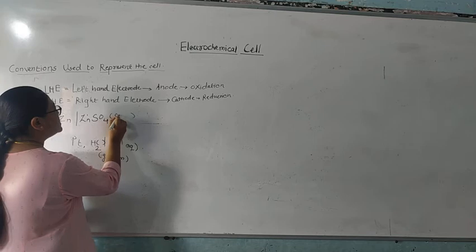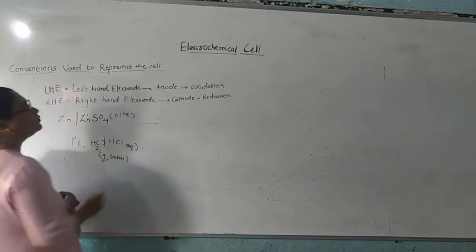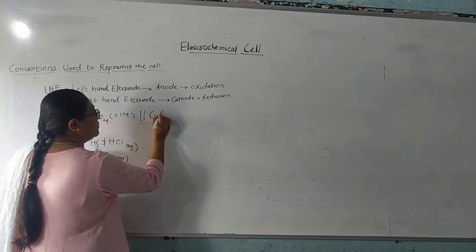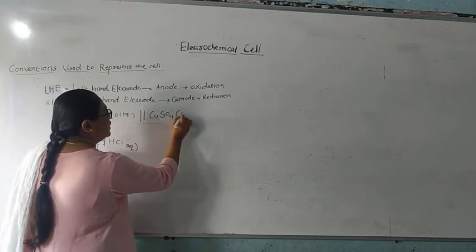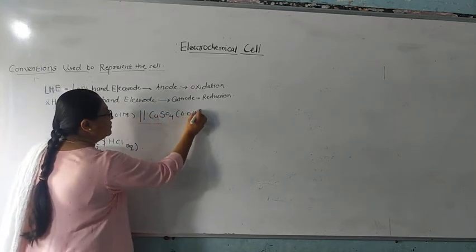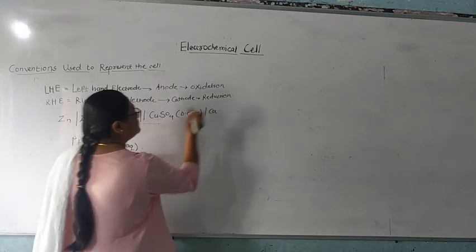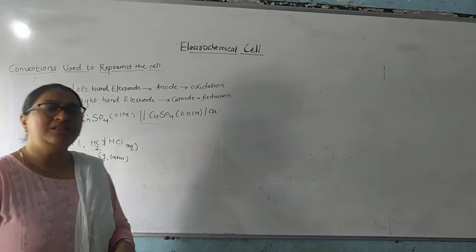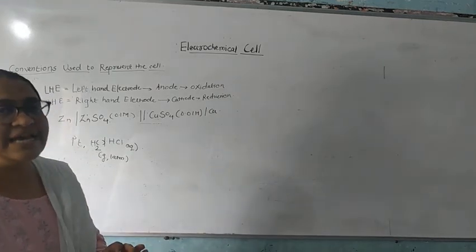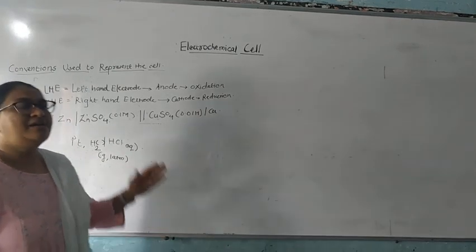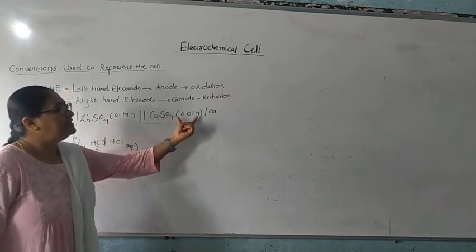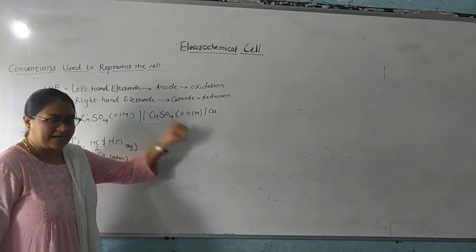For example, this zinc sulfate is taken to be 0.1 molar, and copper sulfate, if it is 0.01 molar, is represented this way. So the activities or concentrations, and in case of gases the pressures, are included in the representation in brackets.